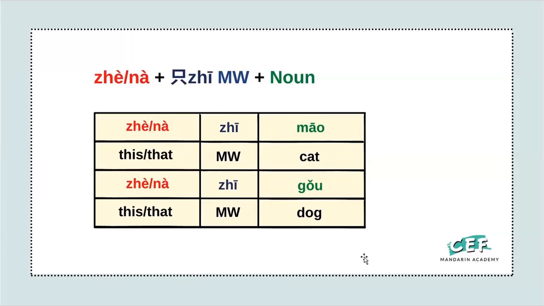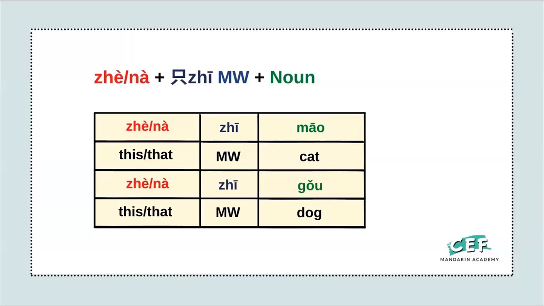This refers to the thing that is nearest to us. When we say 那, it refers to the thing that is far from us, compared with 这.